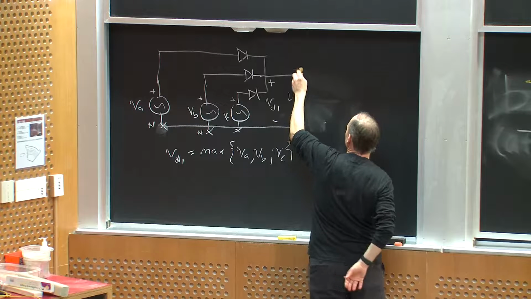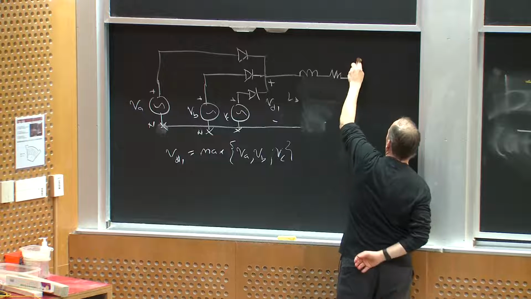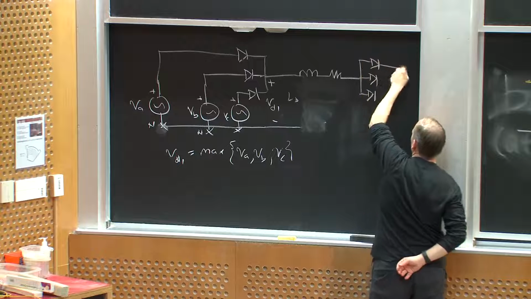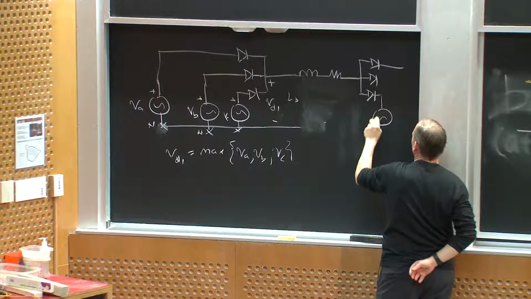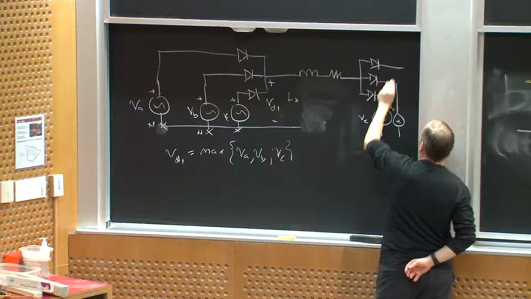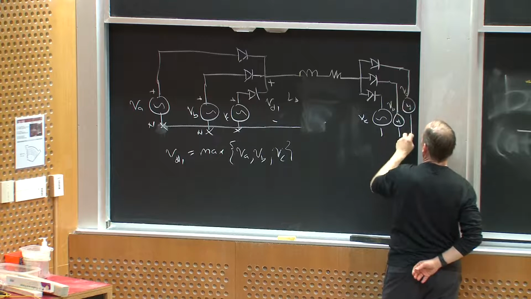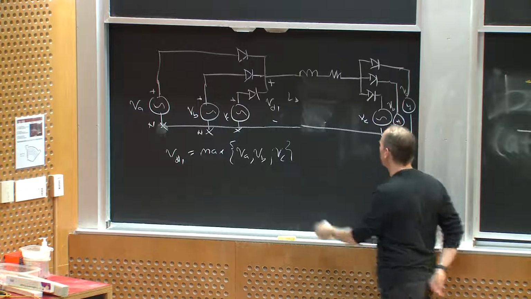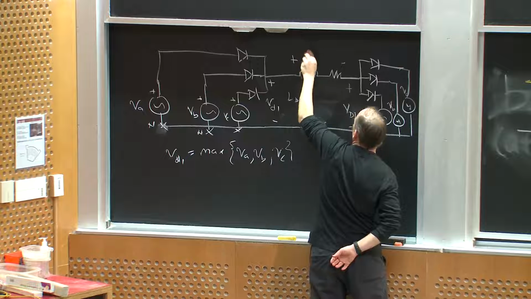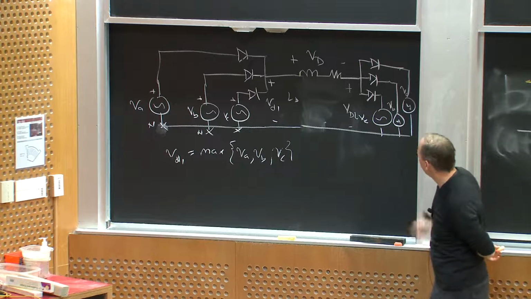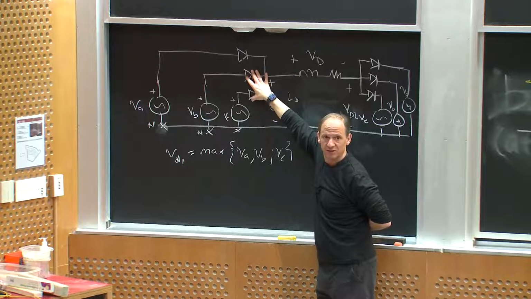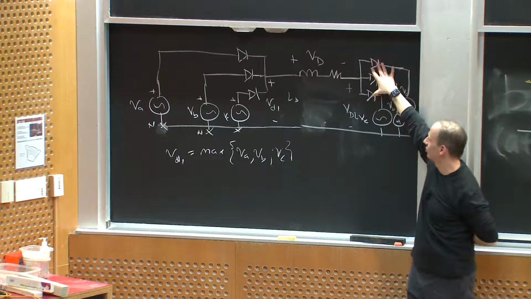So I'll connect my inductor here, and then I'll go to another set of diodes, like this, and connect this to VA, VB, and VC. Okay? And now I'm going to make my output, I'll make this VD2, and I'll make this voltage VD. Okay? So if this set of diodes made VD1 the maximum of VA, VB, and VC, what would this set of diodes do?